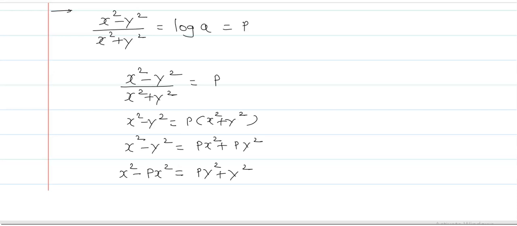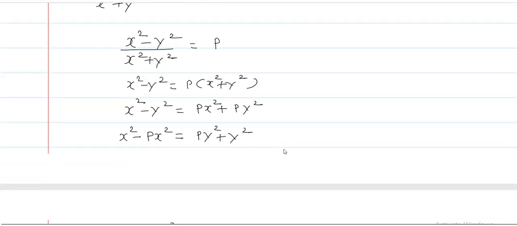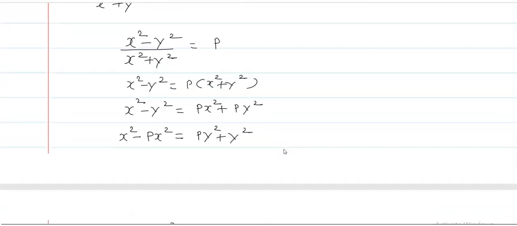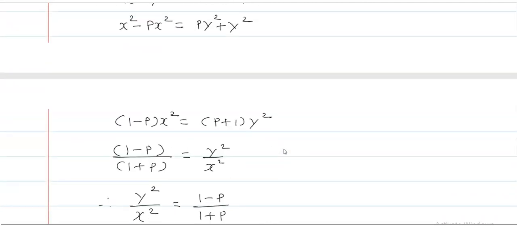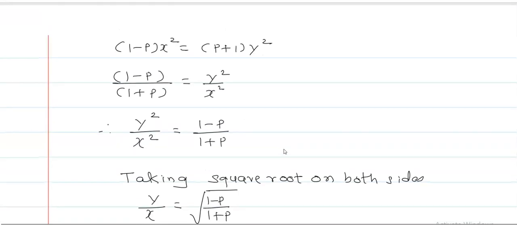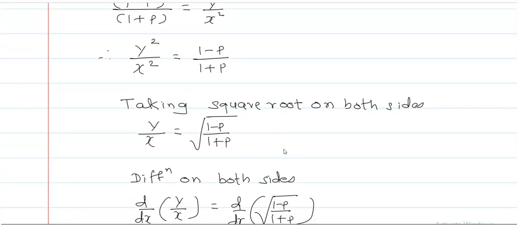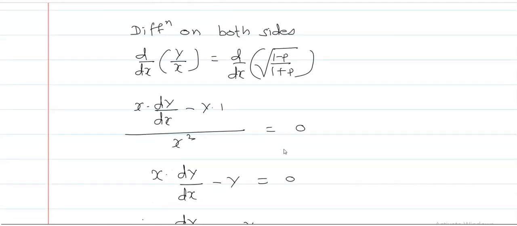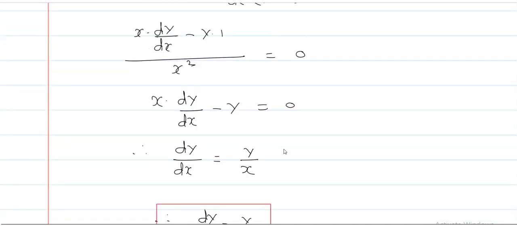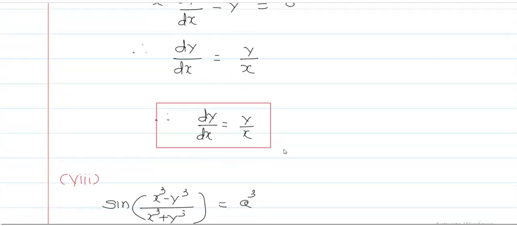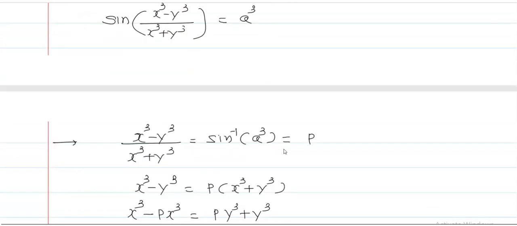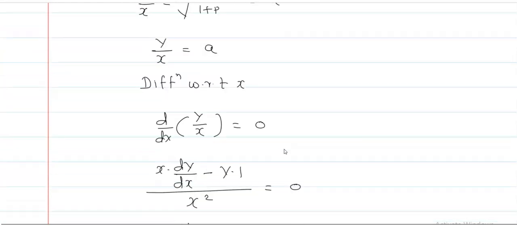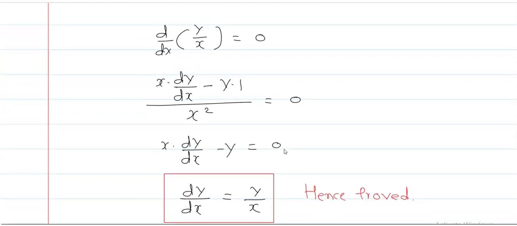Cross multiplication, y square upon x square. Differentiate with respect to x, and the same as the 8th problem. All these are the same types of problems.